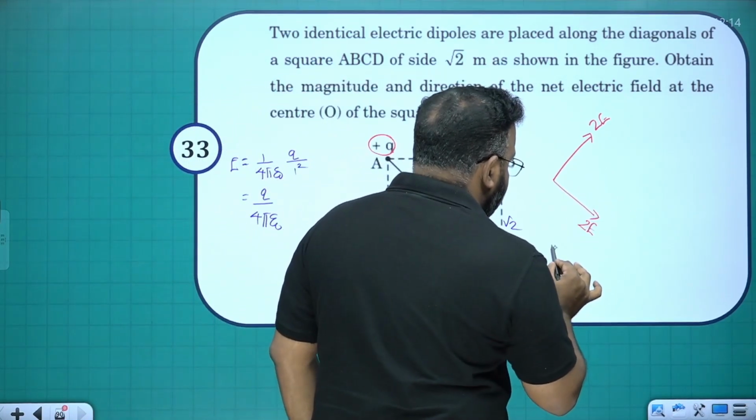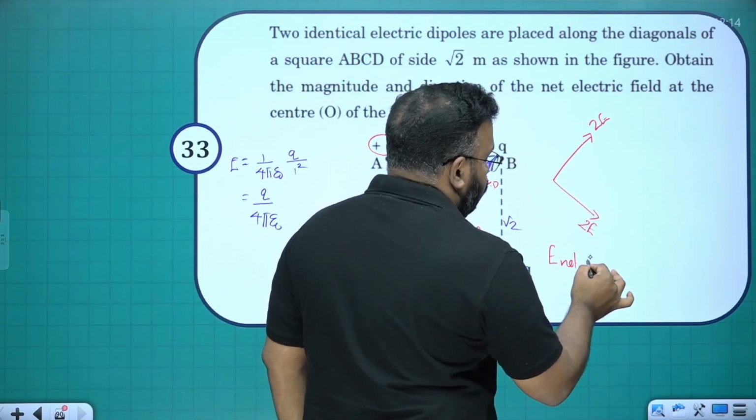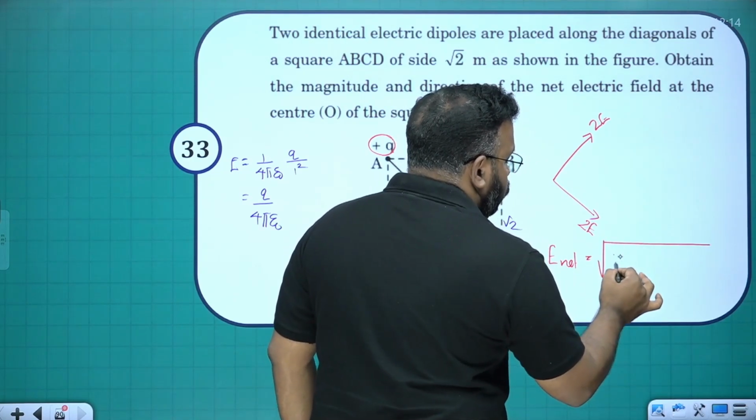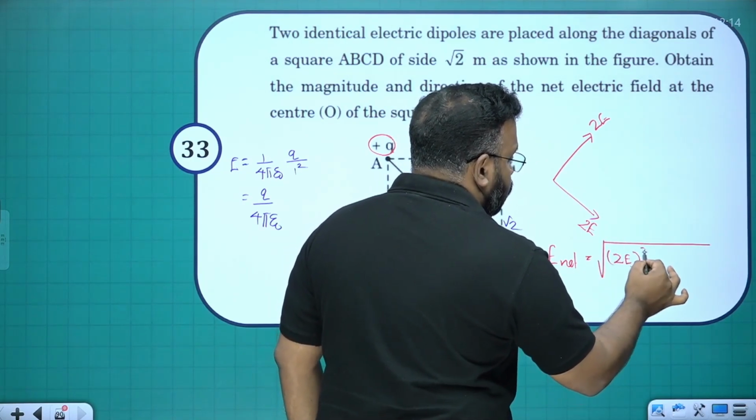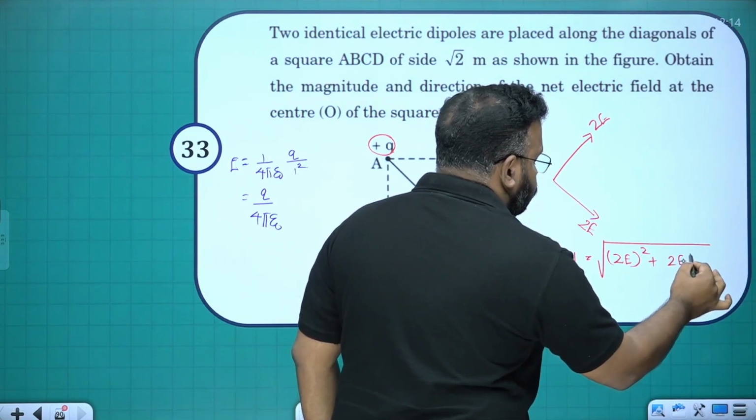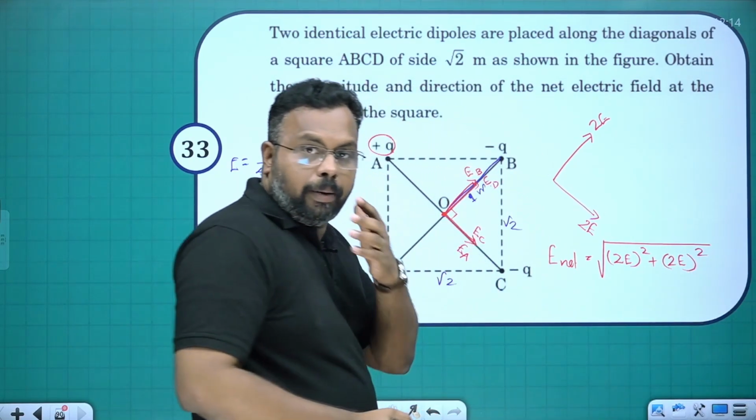So the resultant field E net is equal to what we can write? Root of 2E square plus 2E square.